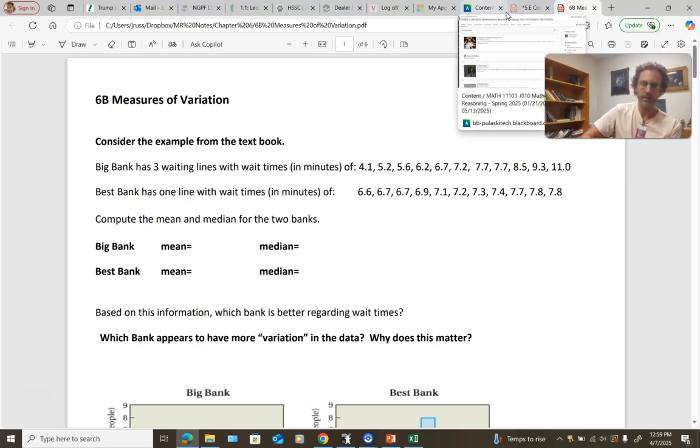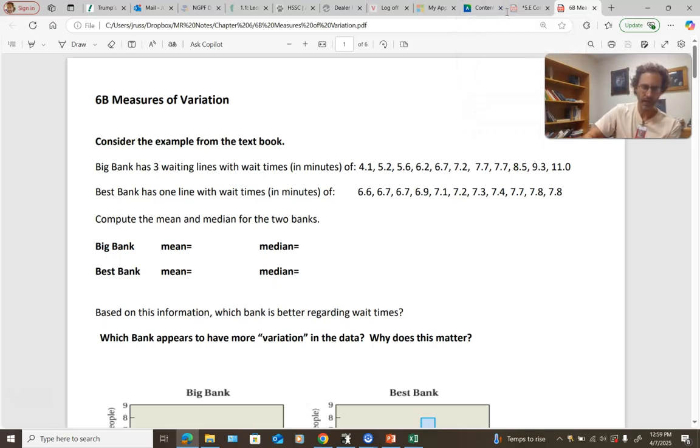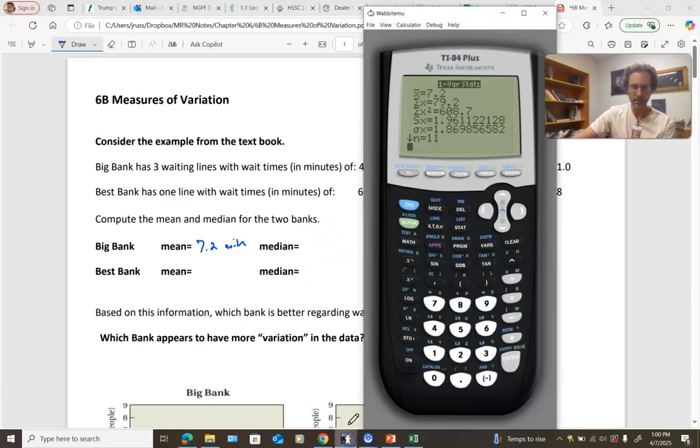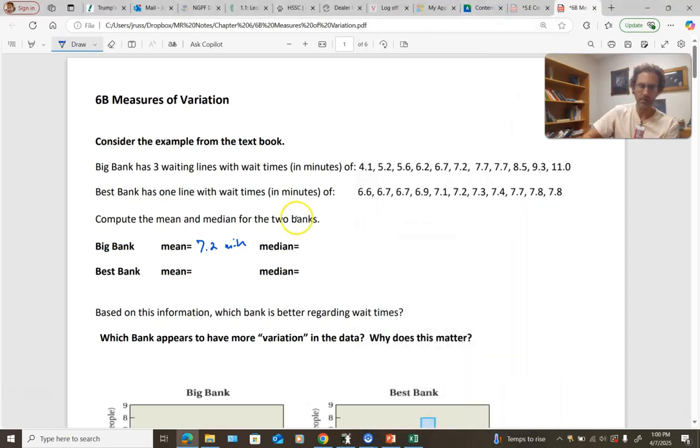So the mean is 7.2 minutes, or in other words, the average wait time at Big Bank is 7.2 minutes. Okay. Now I'm going to look back at my calculator to see what the median was. Okay, so remember, if you scroll down here, median is right here. It's 7.2 minutes as well. So interestingly, both the mean and the median coincide.